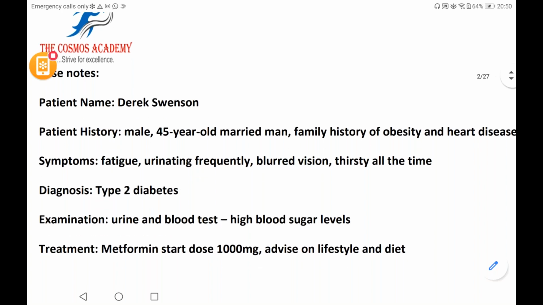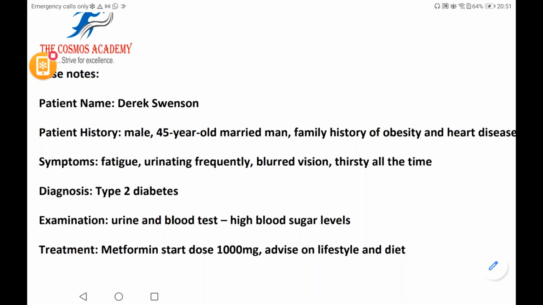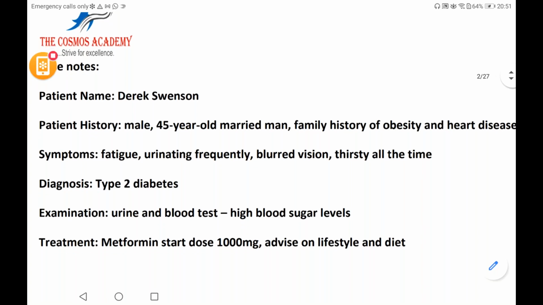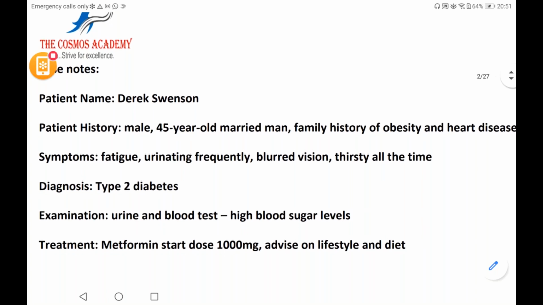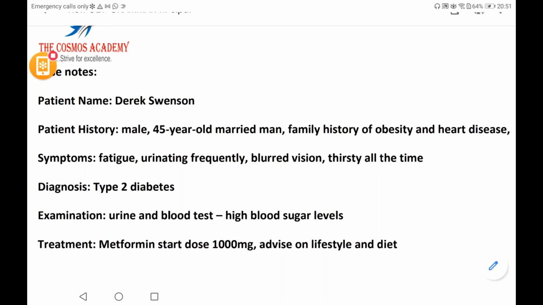So what have you written? Can I come with the first sentence? Yes, I need a whole summary. Mr. Derek Swanson has been diagnosed with type 2 diabetes, and has been a history of obesity and heart disease.